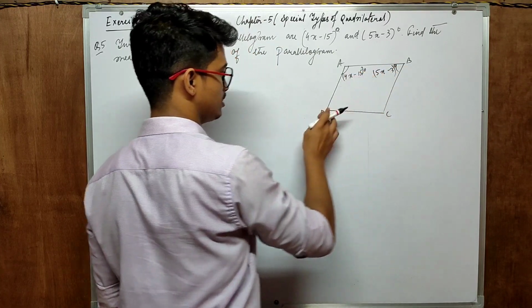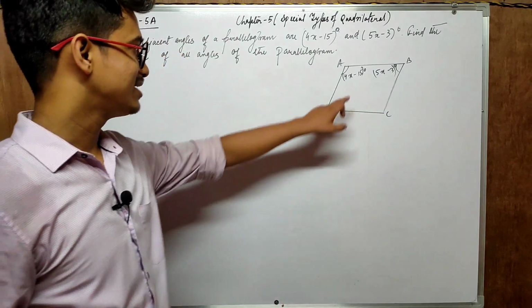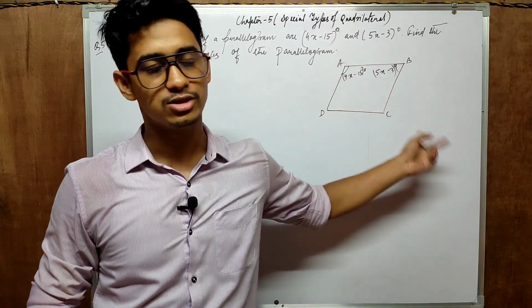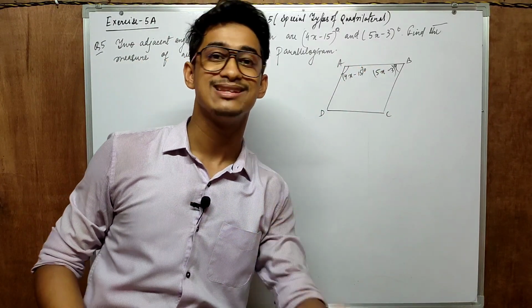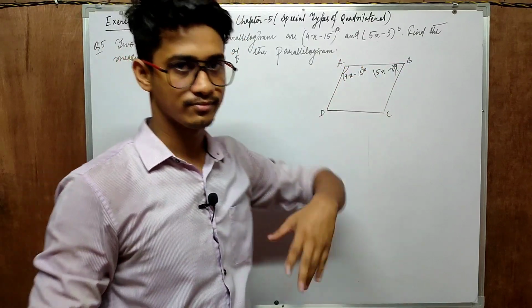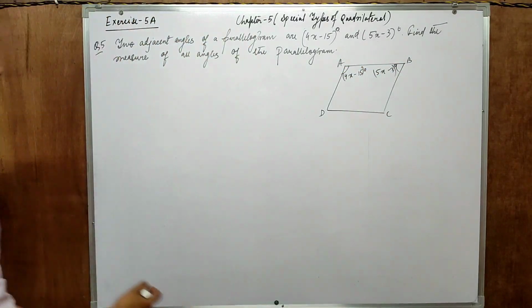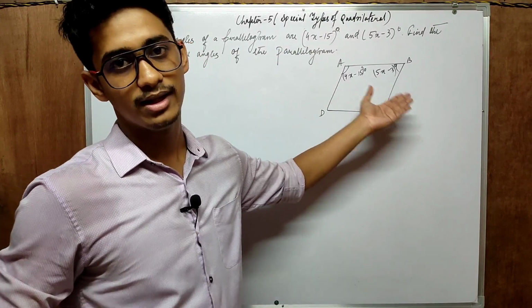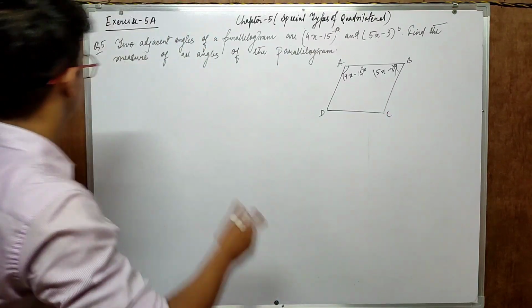It could be this point also, no problem. But angle C compared to angle A, these two angles are not neighborhood or adjacent angles. Adjacent angles could be these two and these two. Alright, fine. So here it is exactly the same as the first question.